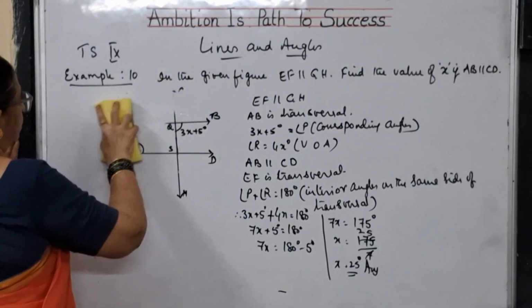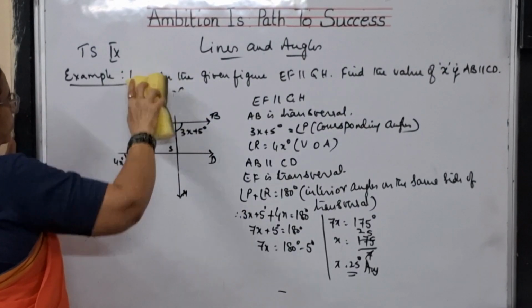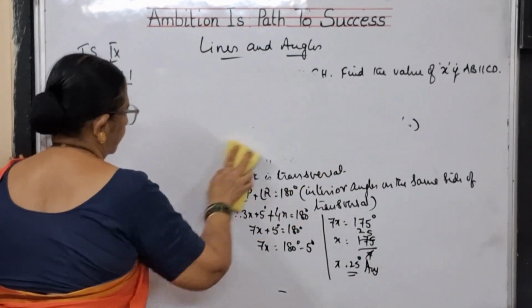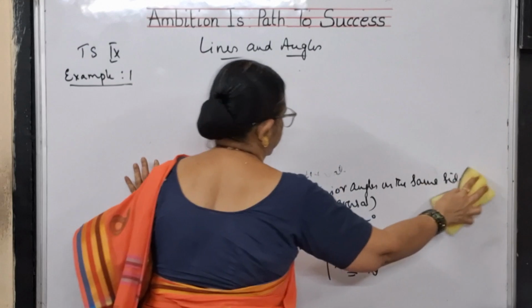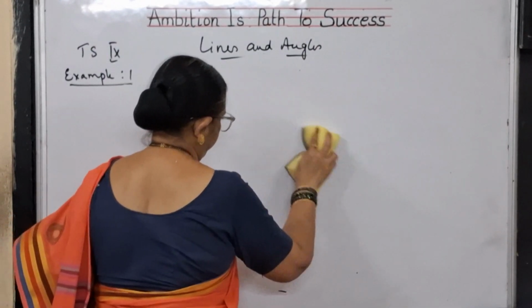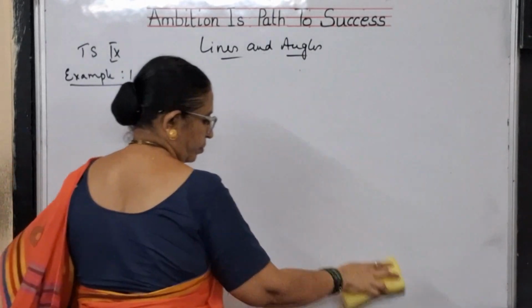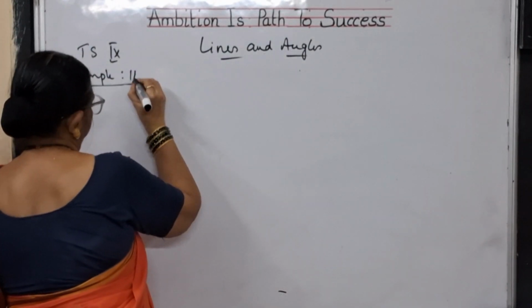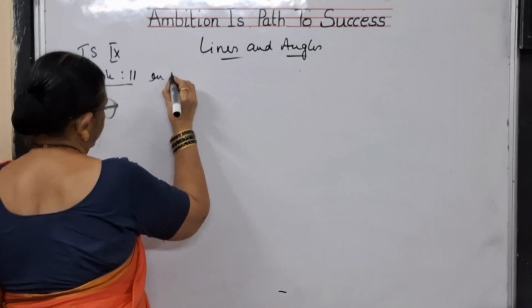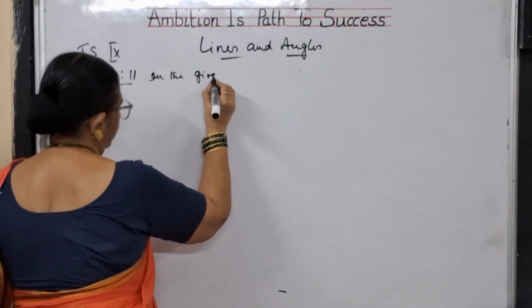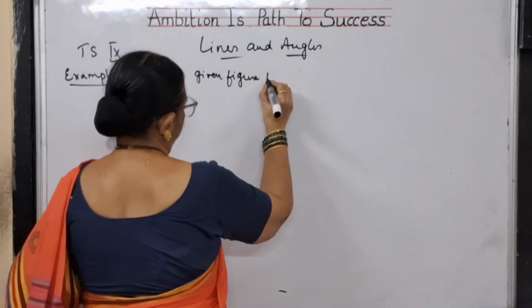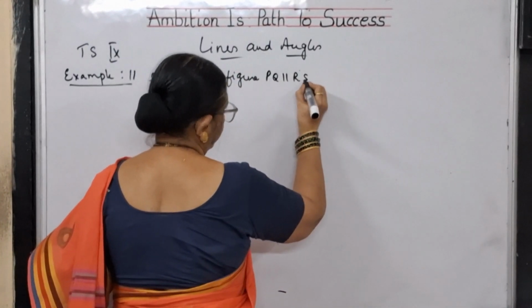Now we will see example 11. In the given figure, PQ is parallel to RS.